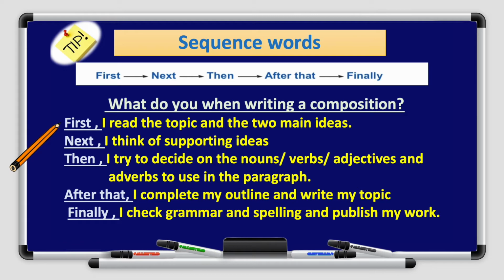First, I read the topic and the two main ideas. Next, I think of supporting ideas. Then, I try to decide the nouns, verbs, adjectives, and adverbs to use in the paragraph. After that, I complete my outline and write my topic. Finally, I check grammar and spelling and publish my work.